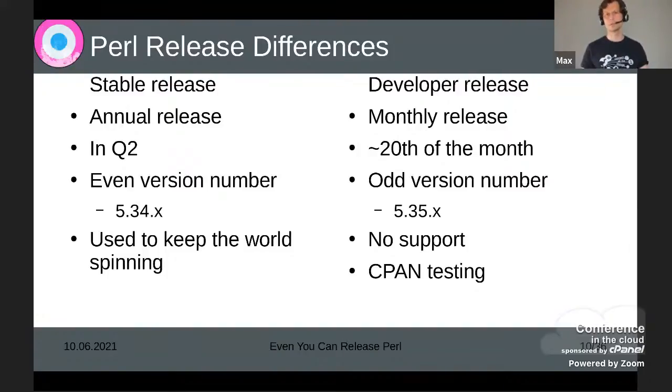And please do report back if your code gets broken by a Perl developer release, so that the change can be assessed, or the problem fixed, before the next stable release gets out.